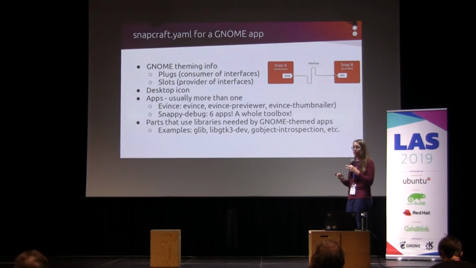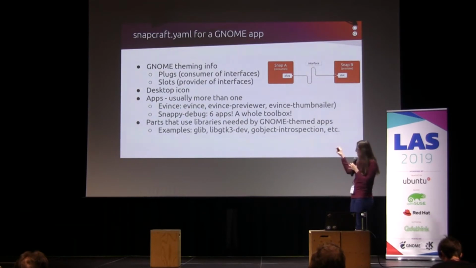That can be pretty useful if you want to provide a toolbox of stuff. Like there's this Snappy Debug snap that has 6 apps that are all fantastic, essentially a toolbox for debugging. Events is another great one. It provides 3 different apps: Events, Events Previewer, Events Thumbnailer.